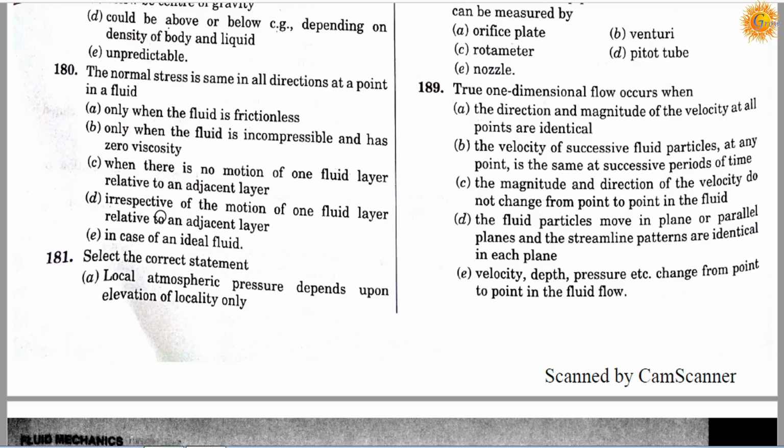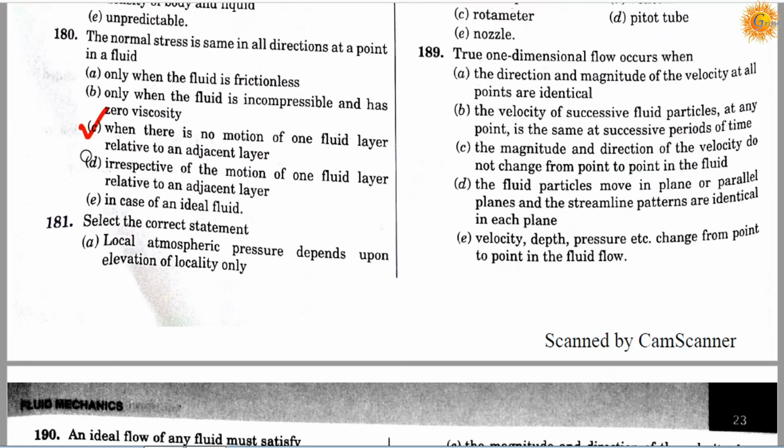So correct answer is C. Normal stress is the same in all directions at a point in a fluid when there is no motion of one fluid layer relative to an adjacent layer.